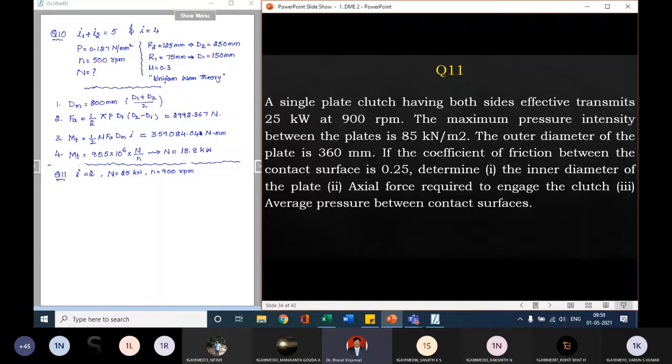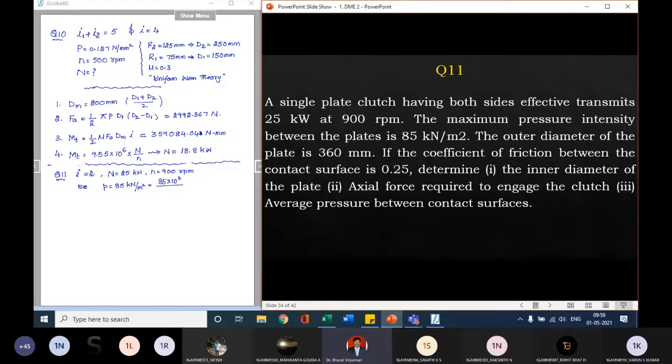What is this? It is 0.085 Newton per mm square. Very good. 85 kilonewton per meter square. How do I understand this? 85 kilo means 10 power of 3.